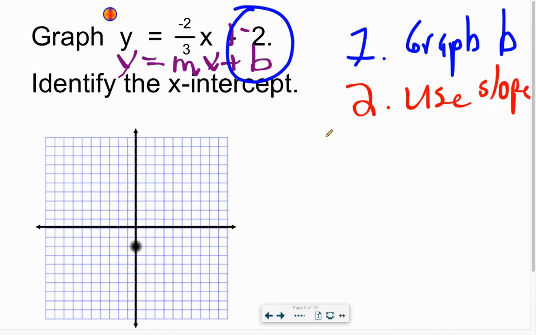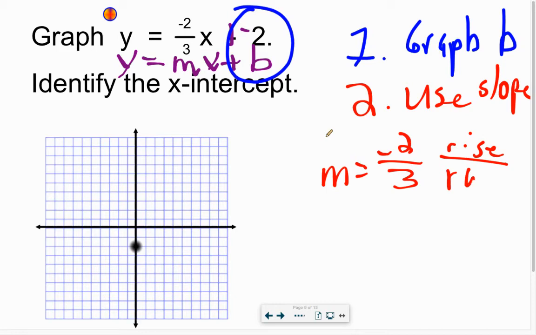Use the m. Well, what is your m? It's a -2/3. So your rise is -2, and run 3. So from that y-intercept, go down 1, 2, because our rise was -2, and then run 1, 2, 3. Again, that run came from our run right here.